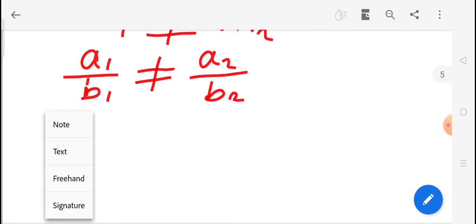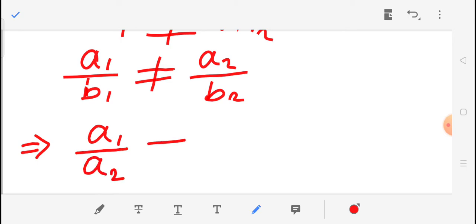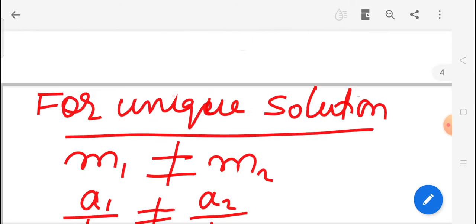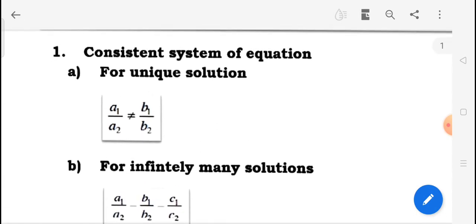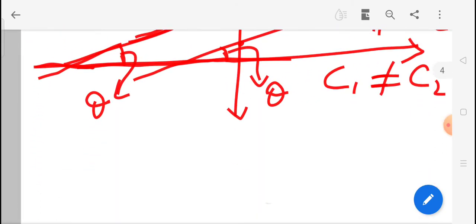It implies that a1 divided by a2 is not equal to b1 divided by b2. This is the condition for unique solutions: the ratio of the coefficients of x is not equal to the ratio of the coefficients of y. Now we'll move on.